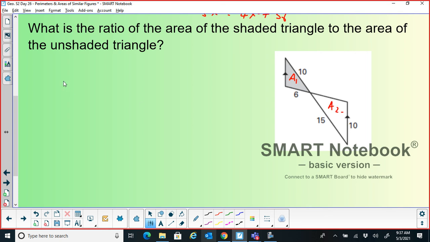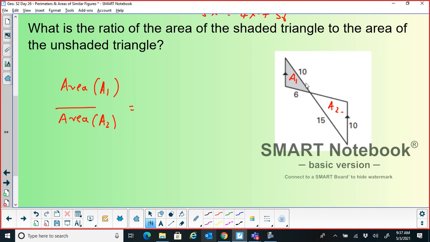We know that area A1 is to area A2 equal to, they are just asking us the ratio, not the areas, so we just have to pick a corresponding side. I have the corresponding sides 10 and 15 given. 6 is given here but the corresponding side is not given. 10 is given here but the corresponding side here is not given. So I can pick these two sides.